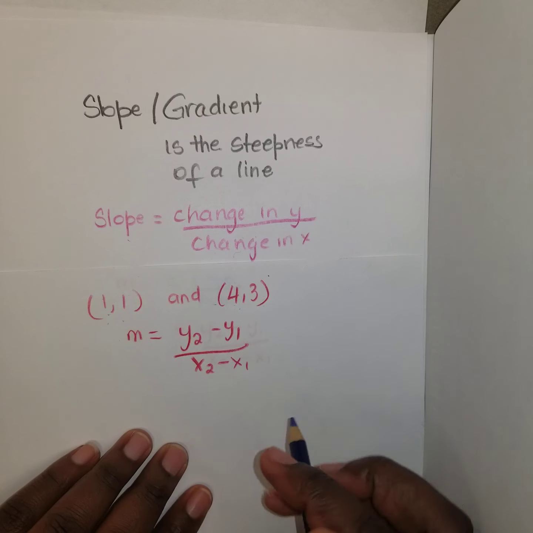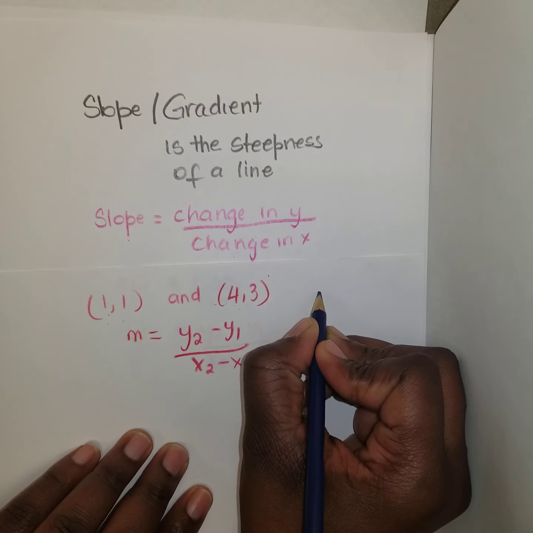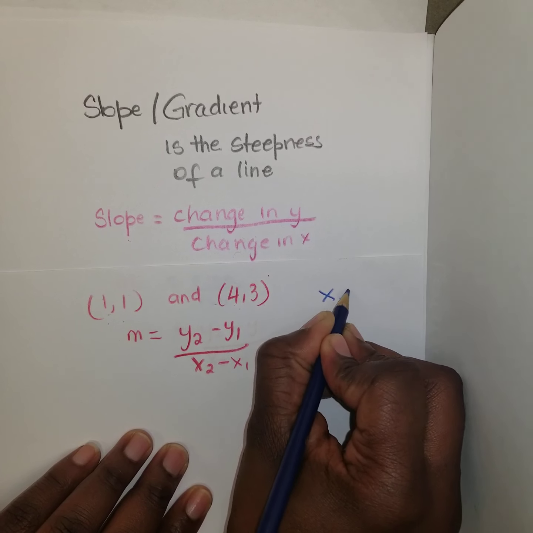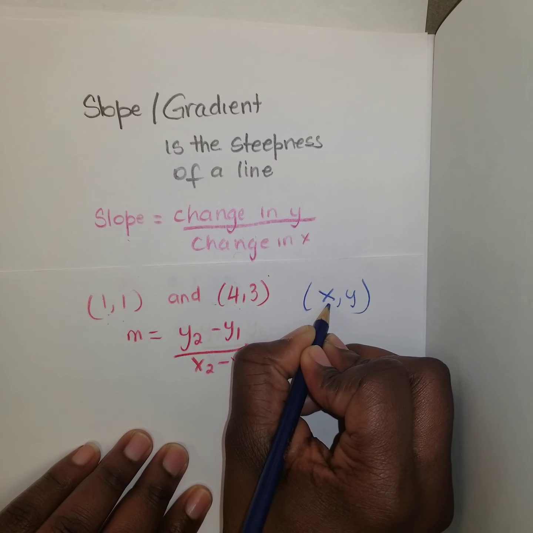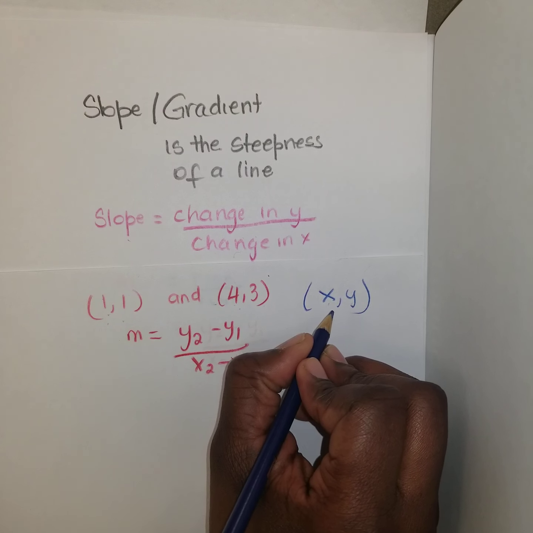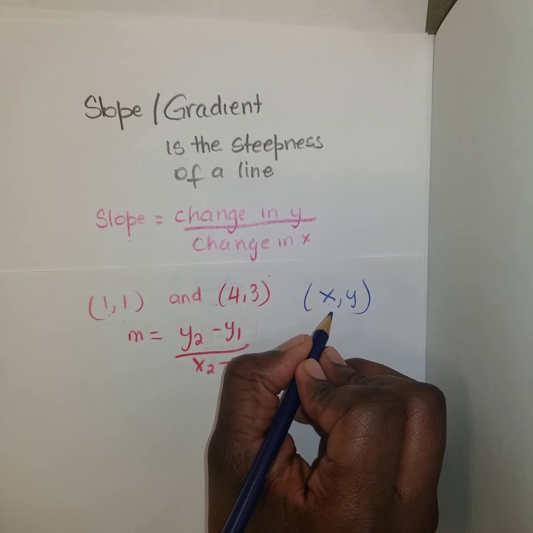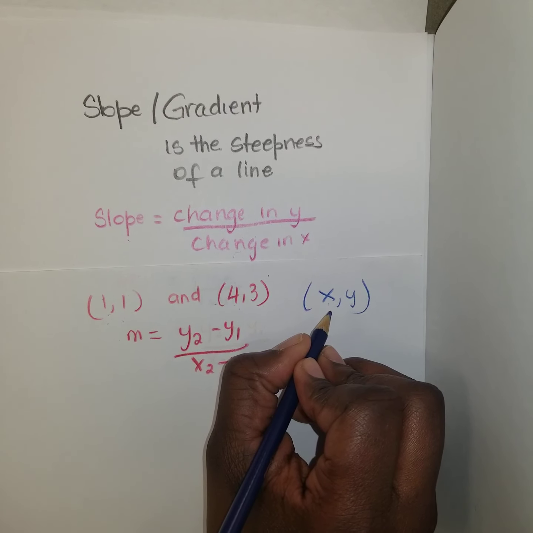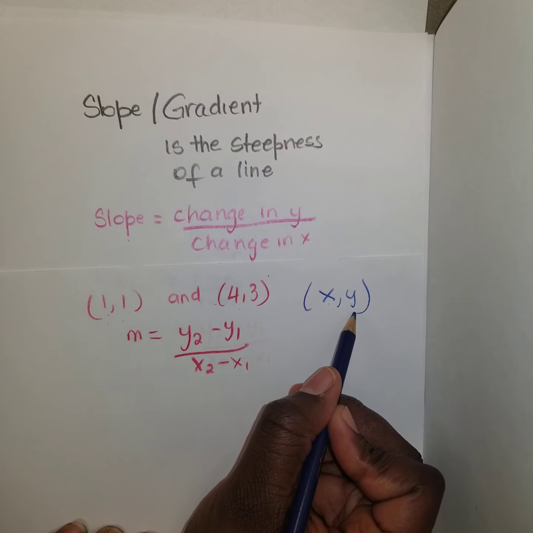And a little recap, remember every point has an x y value where x comes first, then you have y. So when you are labeling the points, you have to label x first, then y, or you have to know which of them is x and which is y.